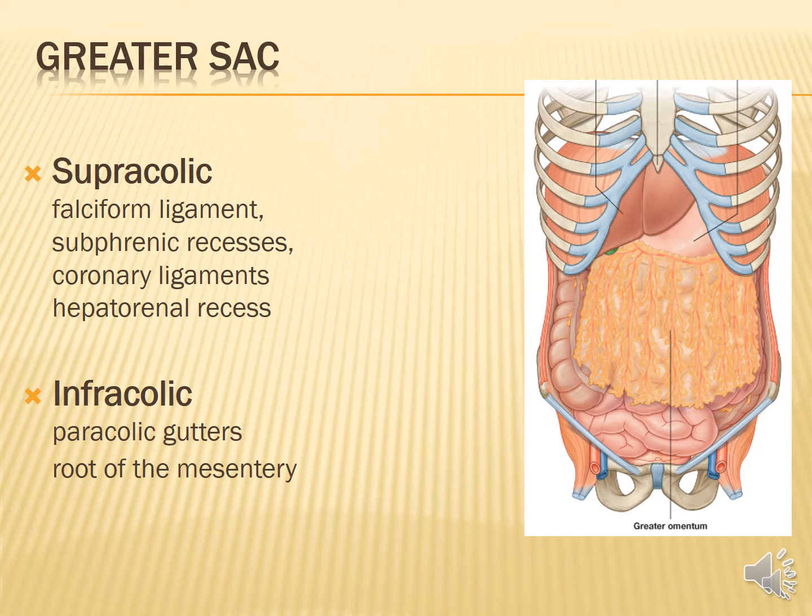Then the infracolic compartment is divided by the root of mesentery into right and left parts, and on either side of the ascending and descending colon we have the gutters, the right and left paracolic gutters.